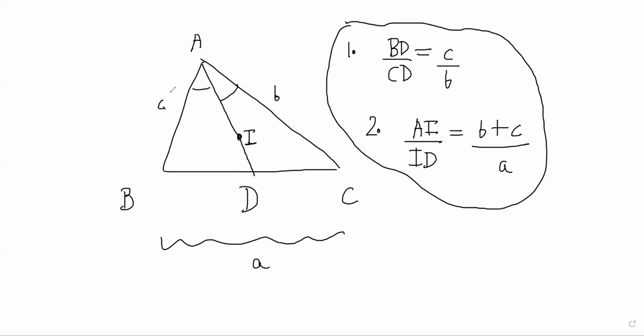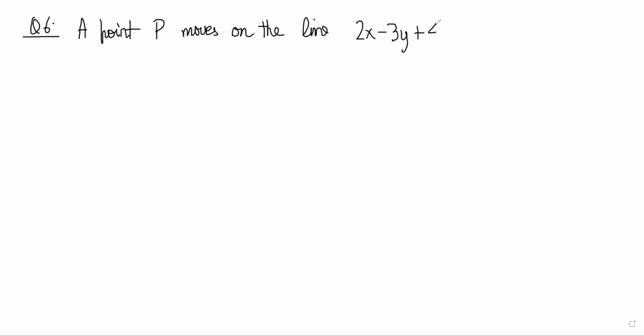Okay. So that's it for this question. Let's move on to the next one. Question number 6. A point P moves on the line 2x minus 3y plus 4 equals 0.